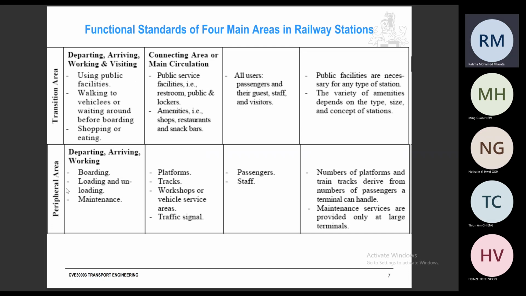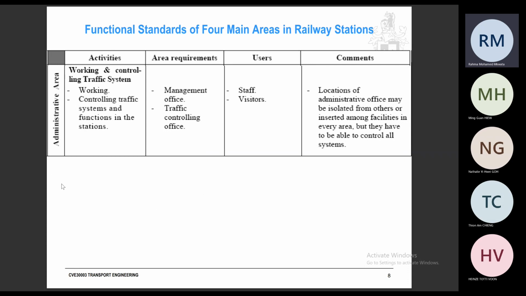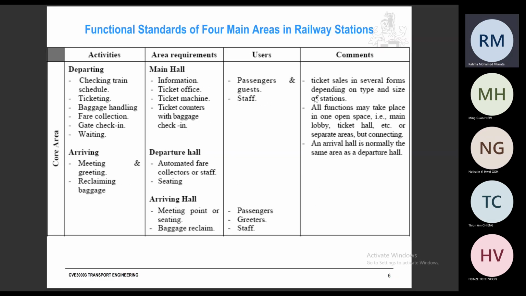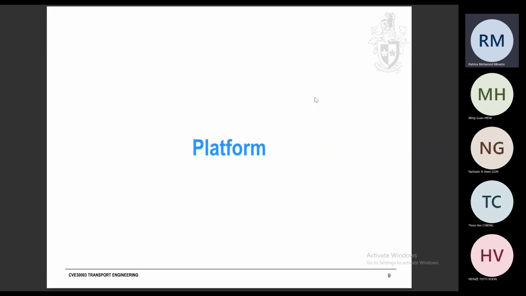This is usually controlled already. Only ticket holders are able to access into this area. The last but not least is the administrative area, which is for administration purposes. So other requirements, users, and comments, you can read it on your own. These details, you have to read through on your own, just read through.